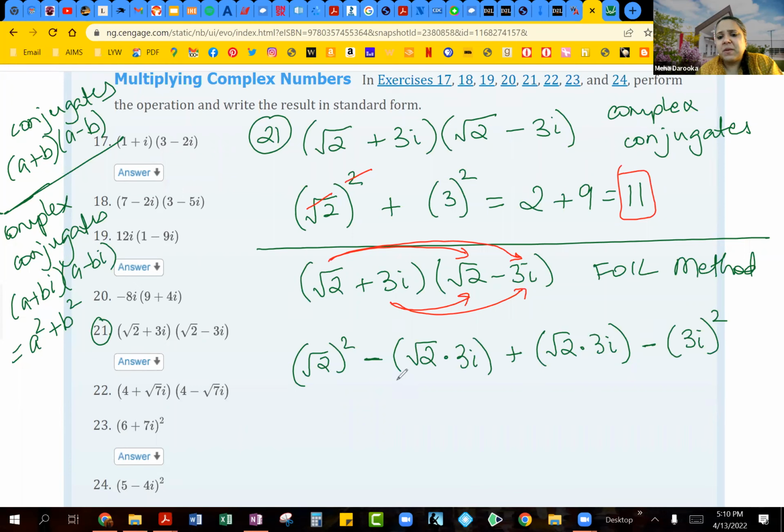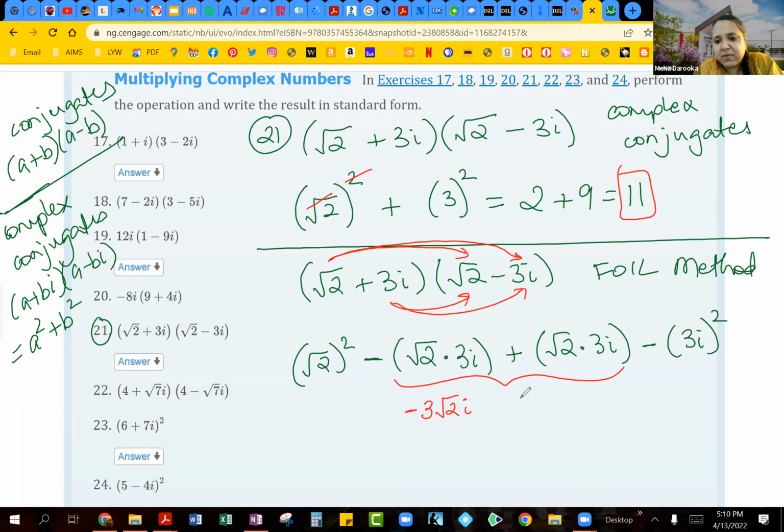But what do you notice about these two middle terms over here, guys? They cancel out? Yeah, very nice. Savannah, very good. They will cancel out because both of these, if I clean this up, would be 3 square root of 2 and i with the negative sign.